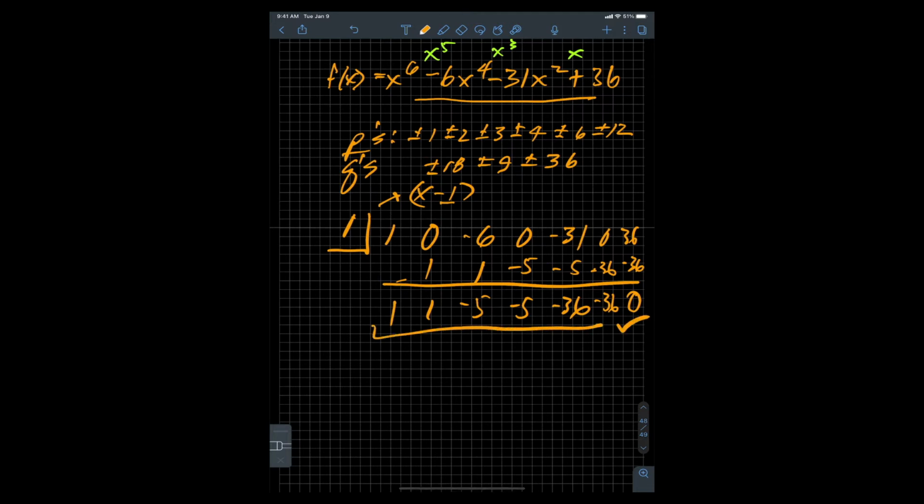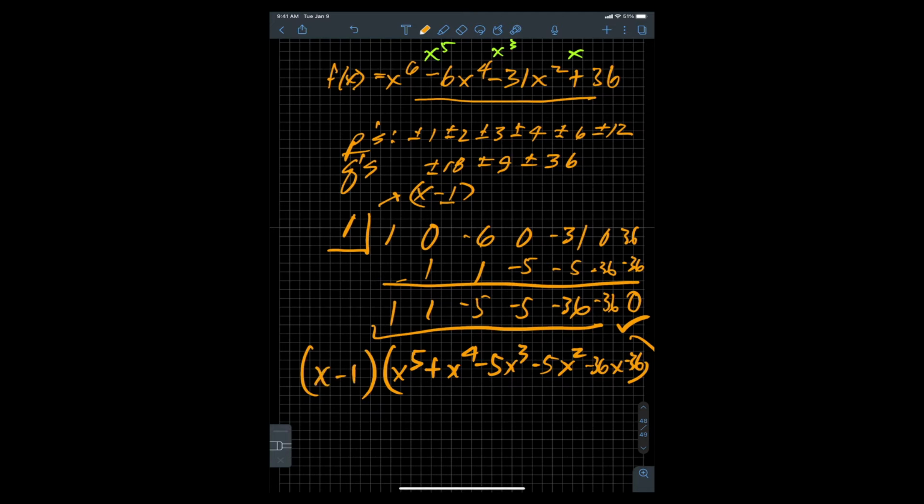The quotient that's left is x to the 5th plus x to the 4th minus 5x cubed minus 5x squared minus 36x minus 36. And that's that. And the other factor is this x minus 1.